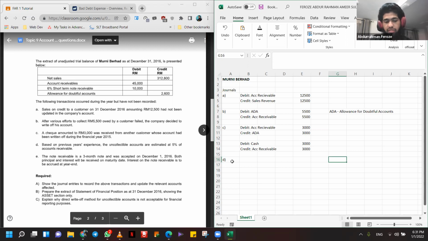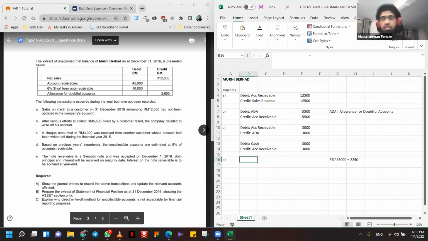So 5% of 45,000 equals 2,250. So this amount needs to be added to the allowance for doubtful accounts.